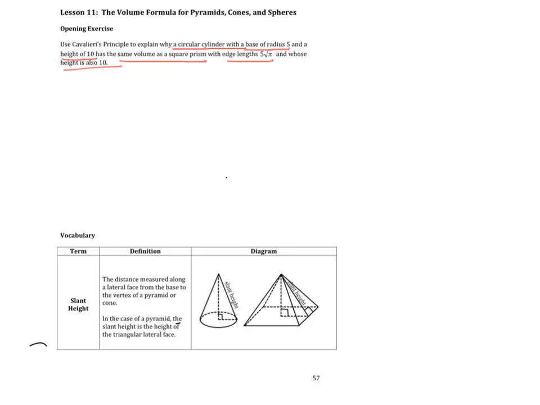So with the cylinder, we're going to look at the base, because the cross section that's parallel to the bases is going to be a circle. The area is pi r squared, and we know that the radius is 5, so it's 25 pi for the circle.